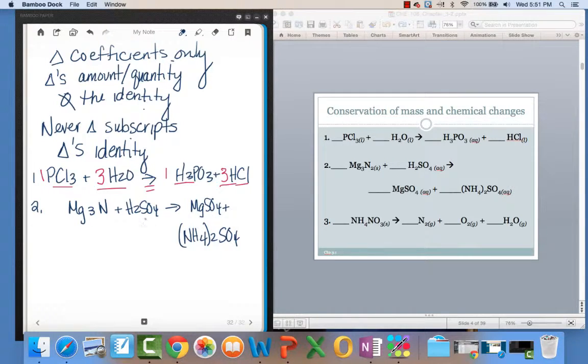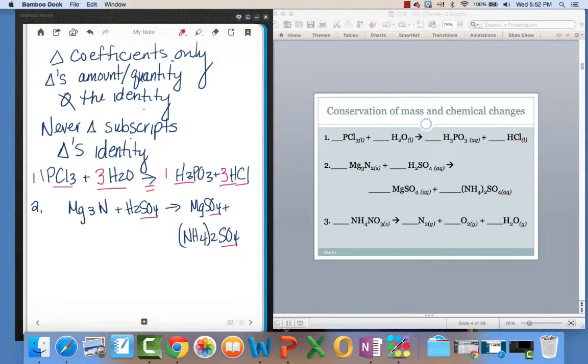Well, here's where I say let's look at the polyatomics first, because our polyatomics are intact. I have an SO4 here, and I have SO4 here and SO4 here. The only thing that didn't stay intact was my NH4. There's no NH4 on the left. So the first thing that I notice is I've got 2 SO4s on the right and only 1 on the left.